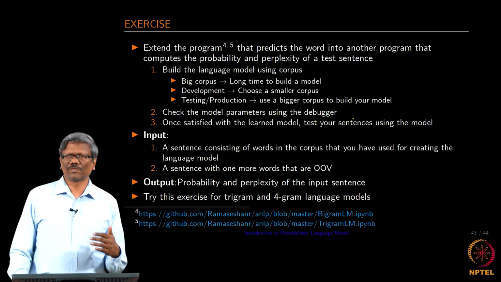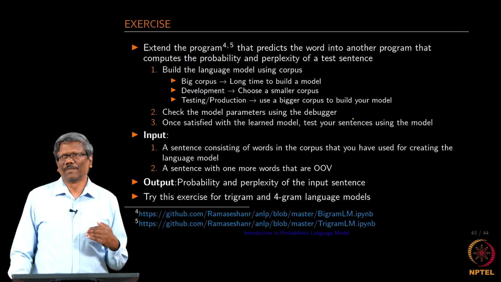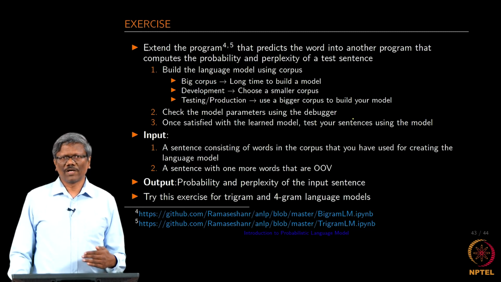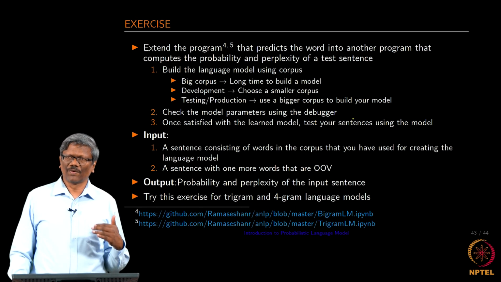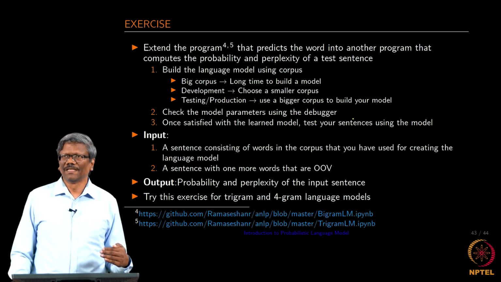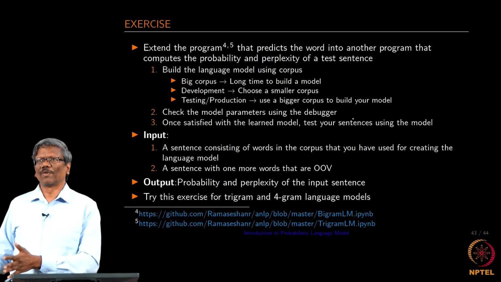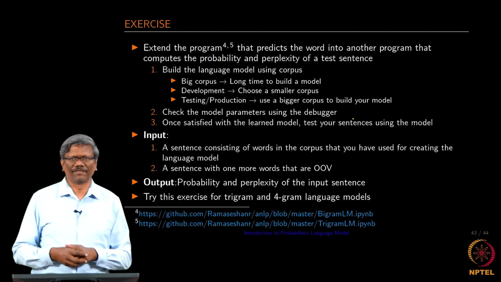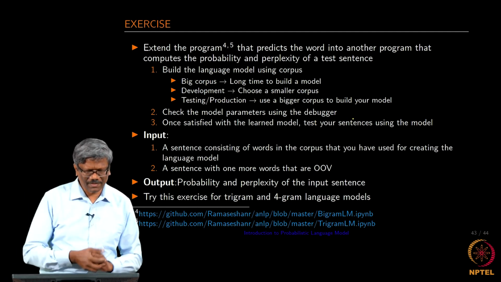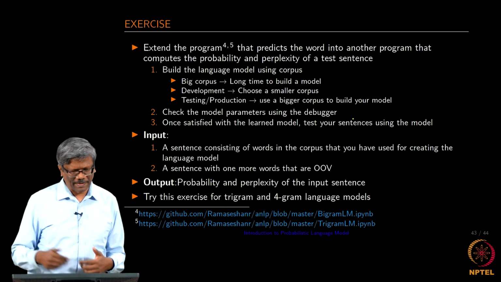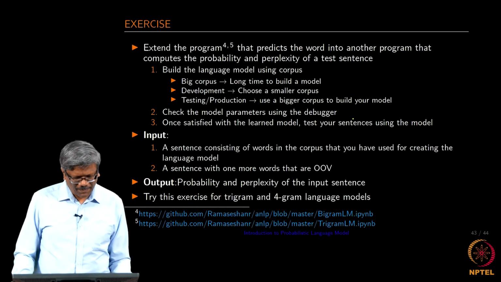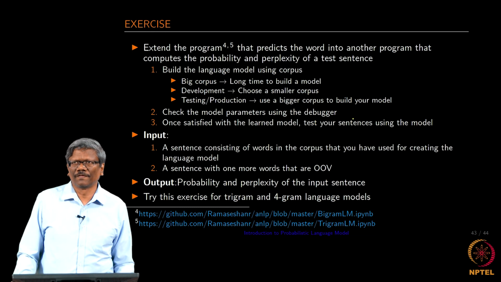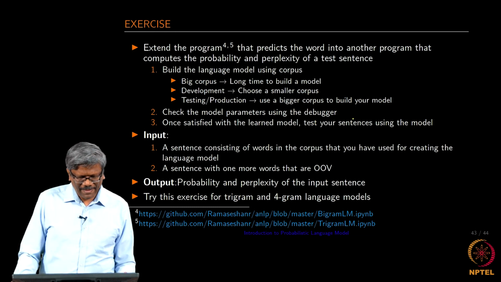So, I have given you code to build the bigram and trigram model. What you need to do now is input a sentence and then see what is the probability of the sentence that you have input to the given model. In this case you have to do a few things. I am giving you step by step items that you need to do.